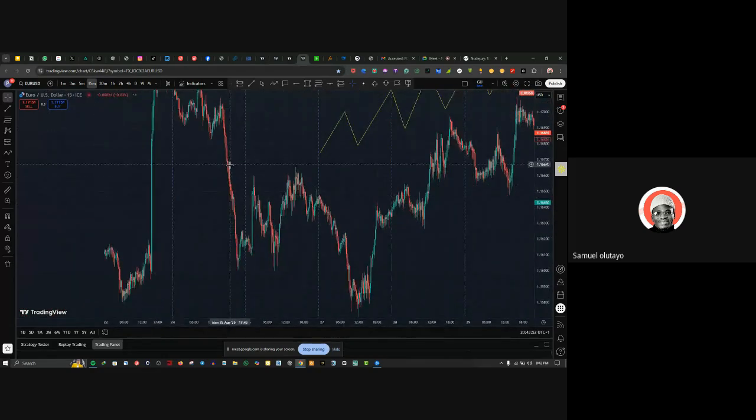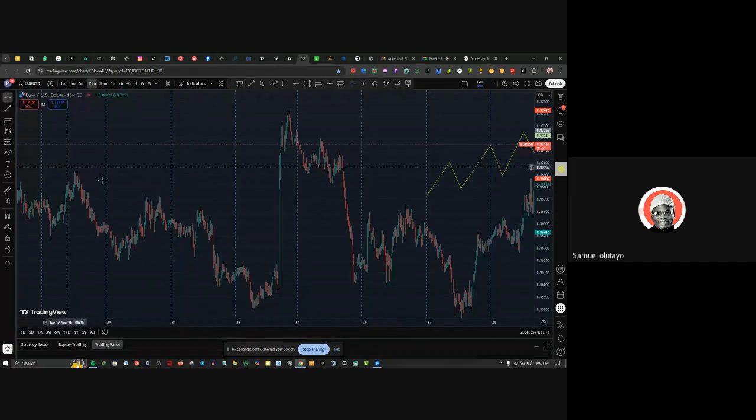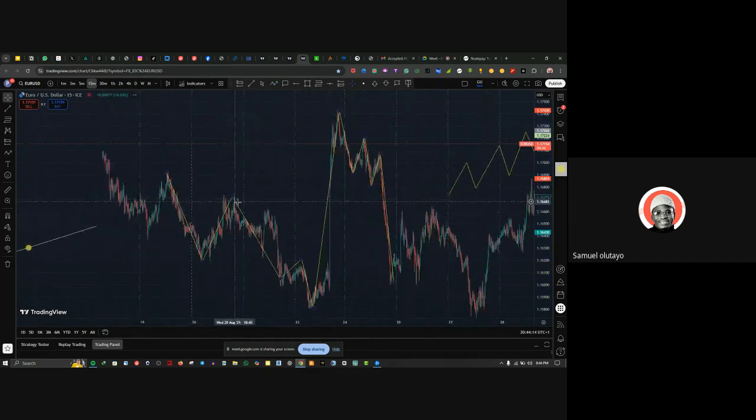And you can draw a path along a particular market chart. Say for instance, I want to draw a path here. I start from here. This is a path, another path, here, here, here, following the pattern that the market is forming. So that is how to mark out paths on the chart.